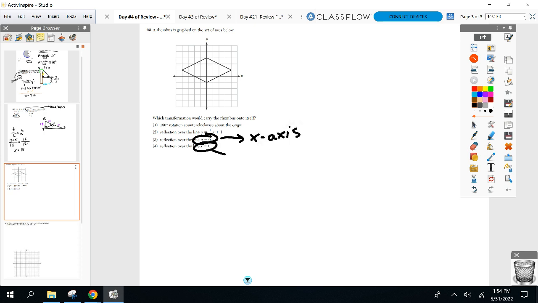X equals 0 would be the y-axis. Flip it over the y-axis, x equals 0. That's why I think this problem's tough. That's why I picked it. Because you've got to know what axis they're talking about, y equals 0 and x equals 0.